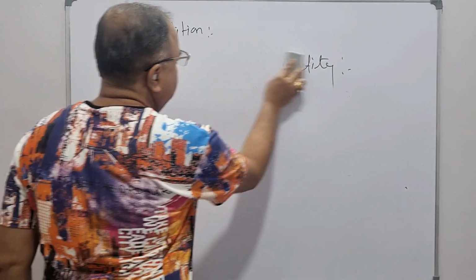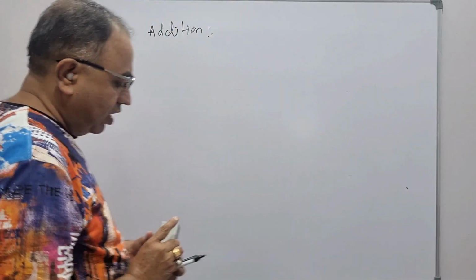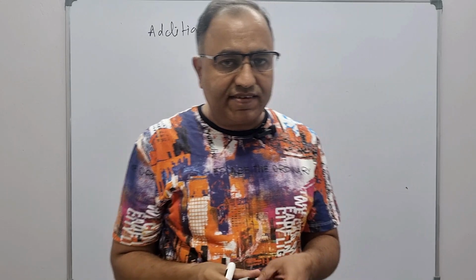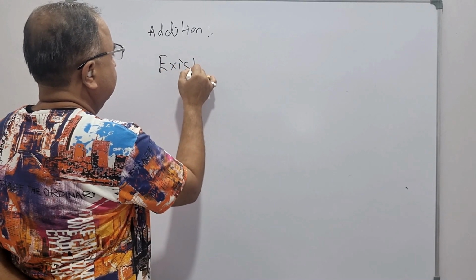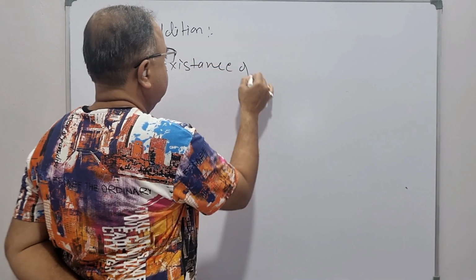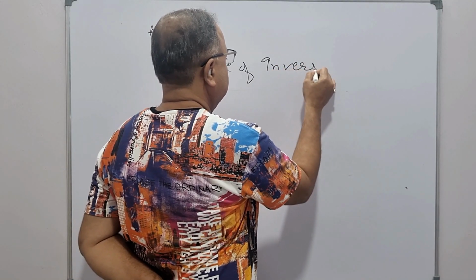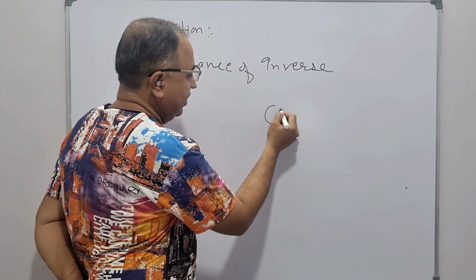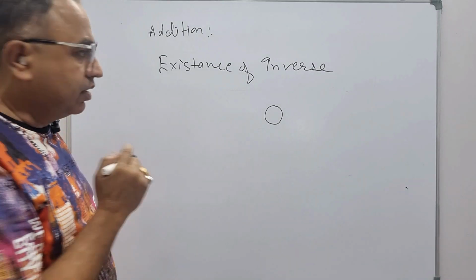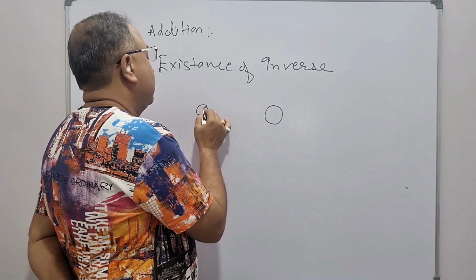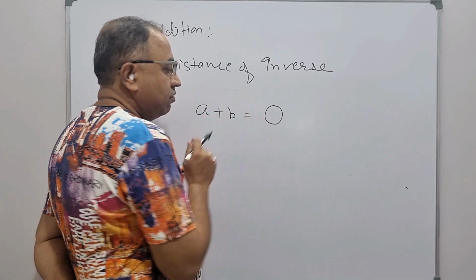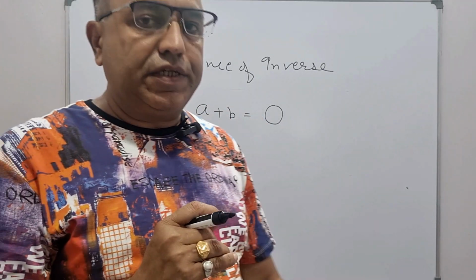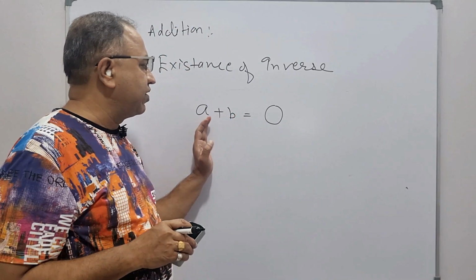Now next comes existence of inverse. For the existence of inverse, it is necessary that there must be an identity. Then only you can define the inverse. For example, you know that 0 is the identity for real numbers. Now how to define inverse? If you add two numbers and the result is the identity, then both are known as inverses of each other.